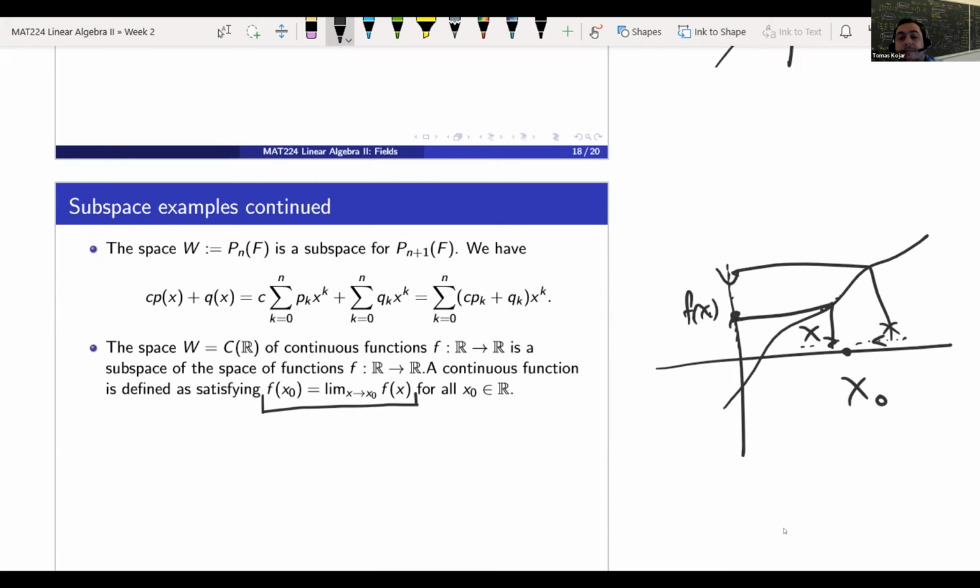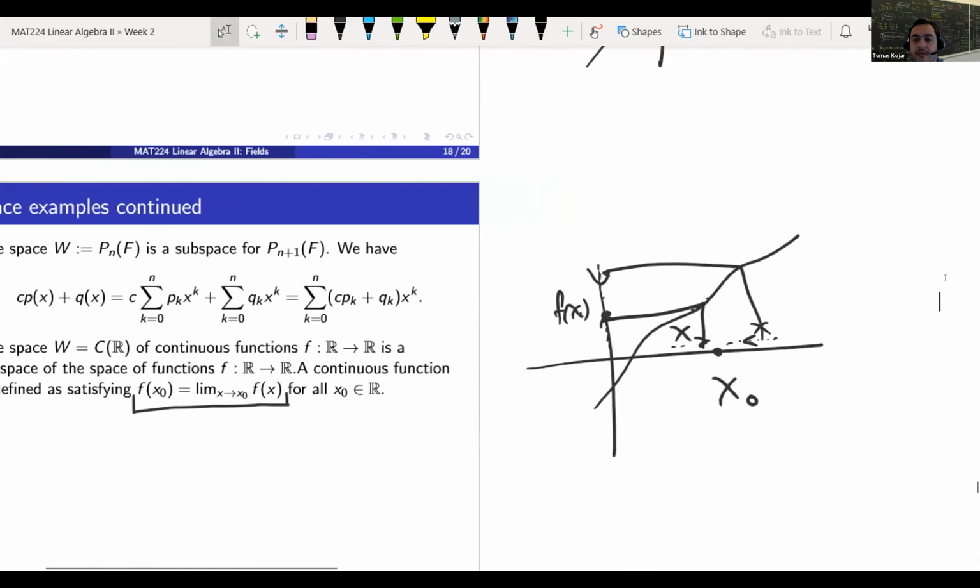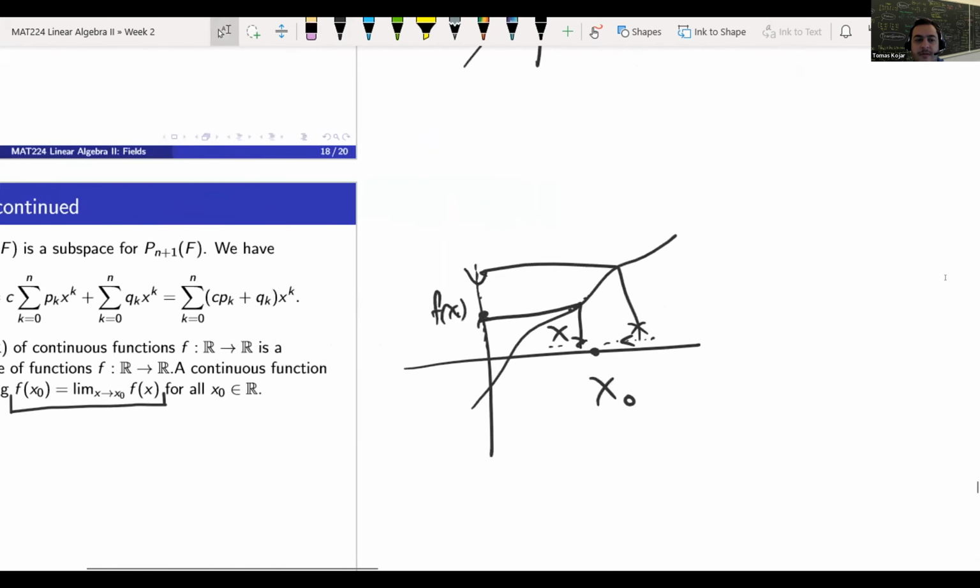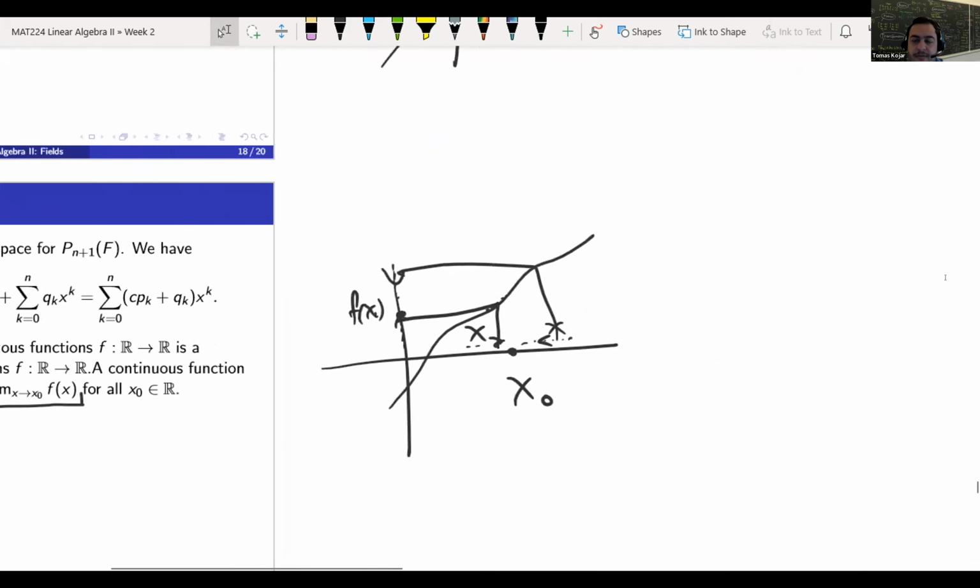They both limit to f of x naught. So I'm not sure if you've seen this before, so let me write, for the first and last time, the epsilon-delta argument.